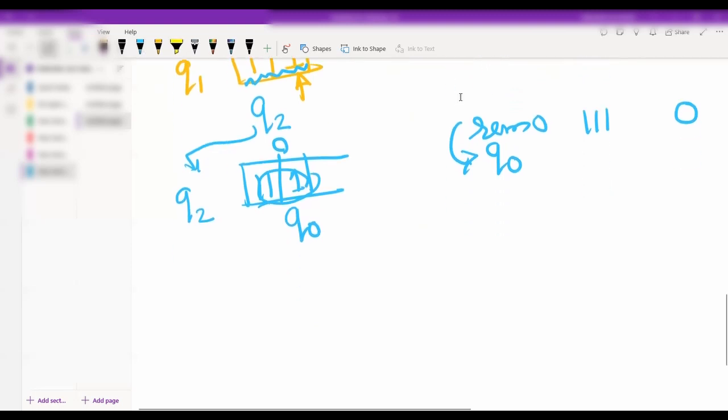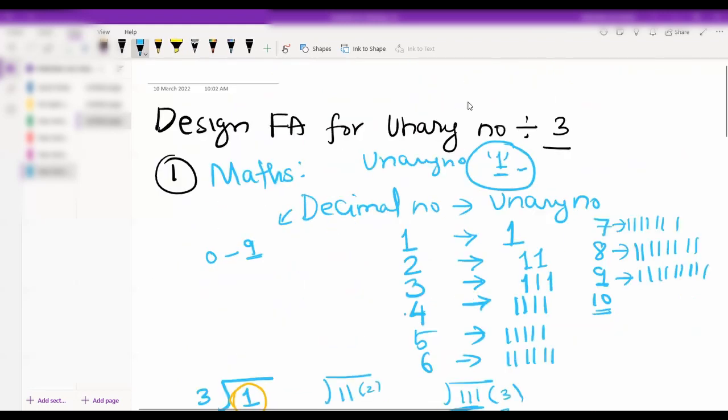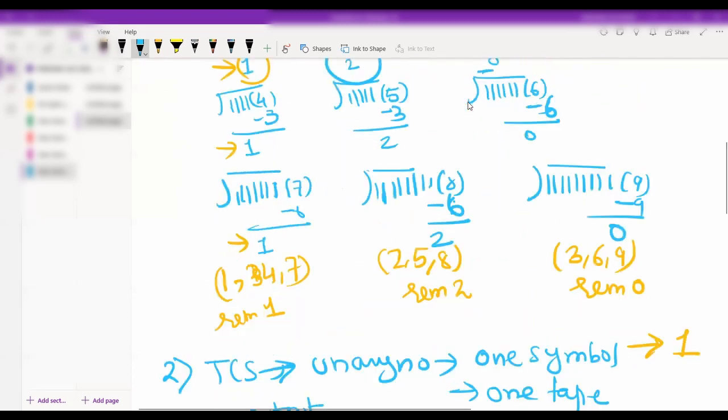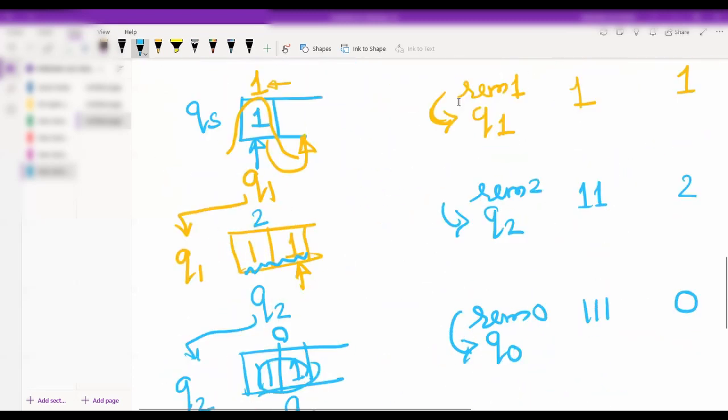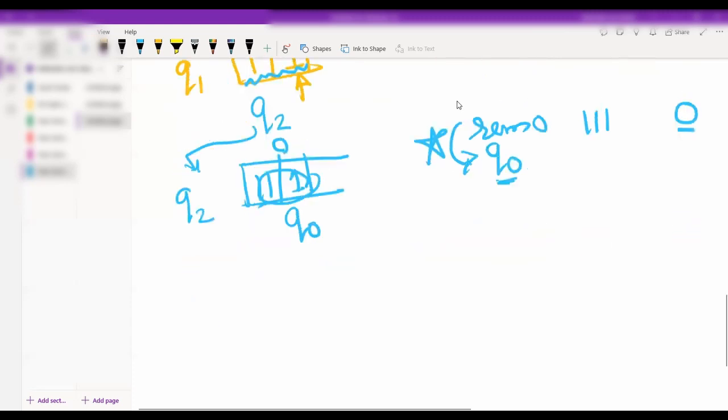The question was to check whether the unary number is divisible by 3, and a number is divisible by 3 whenever we have remainder 0. So Q0 is the state producing remainder 0, and we will mark it as the final state.